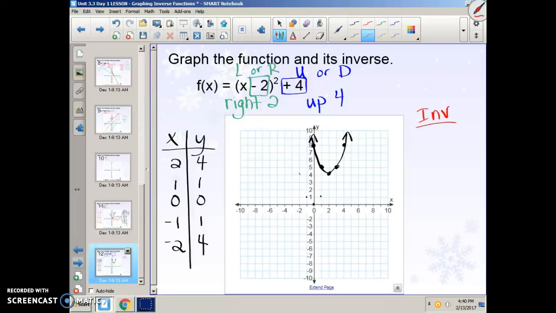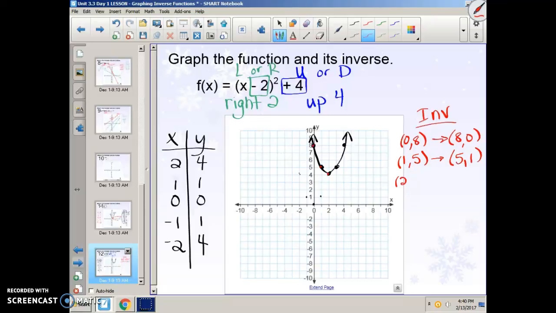For my inverse, I got to take all those coordinates and flip them. This point right here, that is 0, 8. So I got to change it and make it 8, 0. This guy right here, that is 1, 5. Now it's going to be 5, 1.